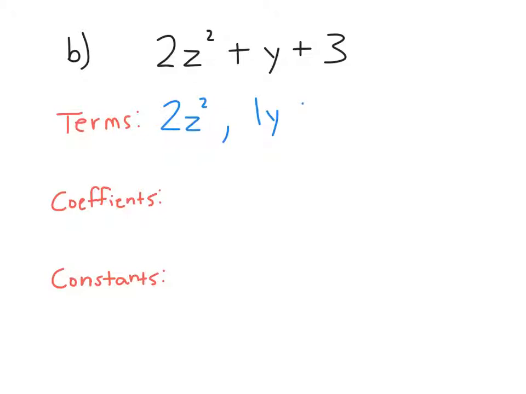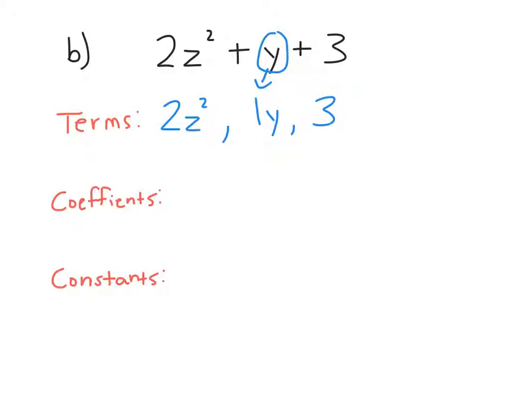And then, our last one is 3. So those are our three terms that we're dealing with. Anytime you have a variable by itself, always put it in with a 1. So that's what changes our coefficients. Remember, a coefficient is a numerical factor of a term that contains a variable.